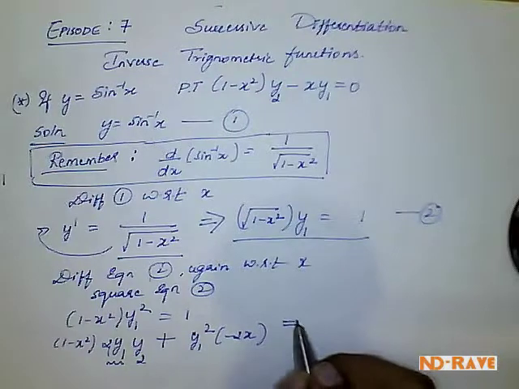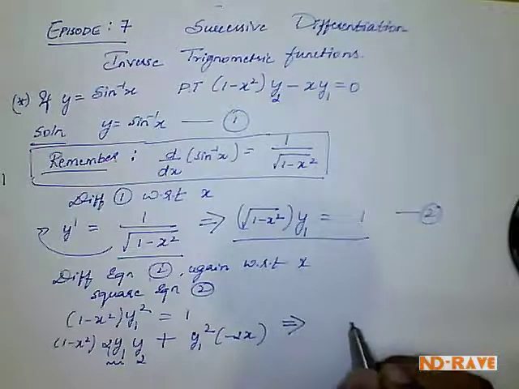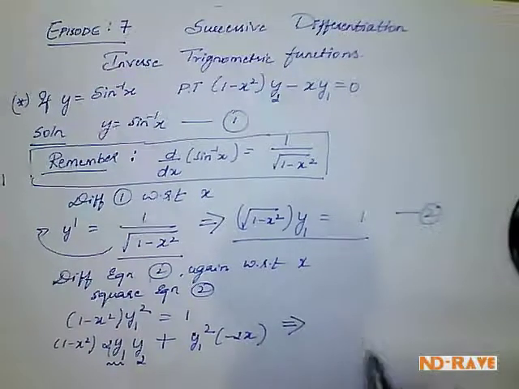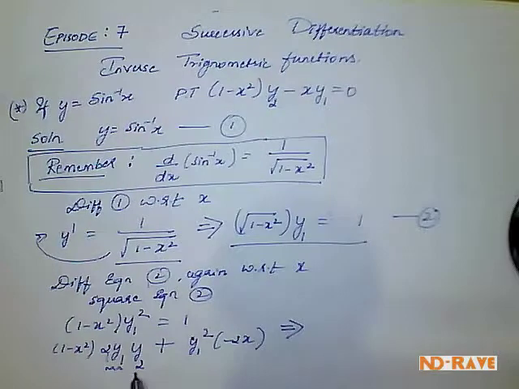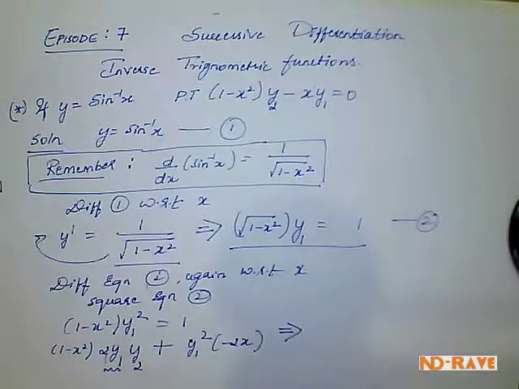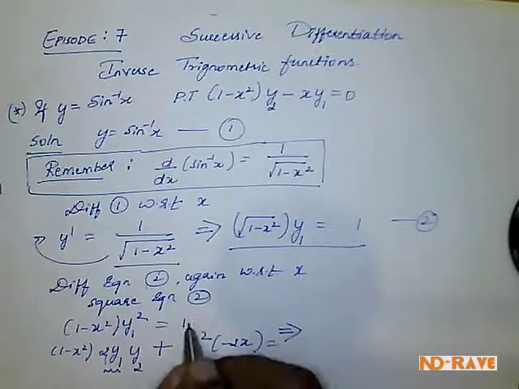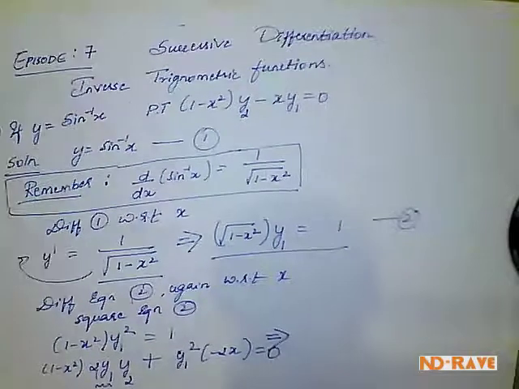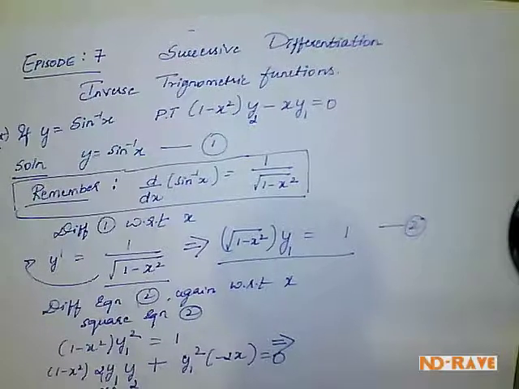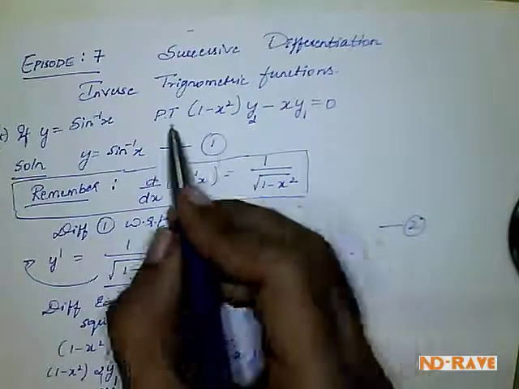So what will be the final answer? After solving this particular function, you can see one thing over here. There are two expressions. This is the first expression and this is the second expression. So these two are summed. You can see that y1 is common over here, and the differential of 1 is 0. So the RHS is 0. So I can divide this entire equation by y1, thus resulting in the function to be proved.